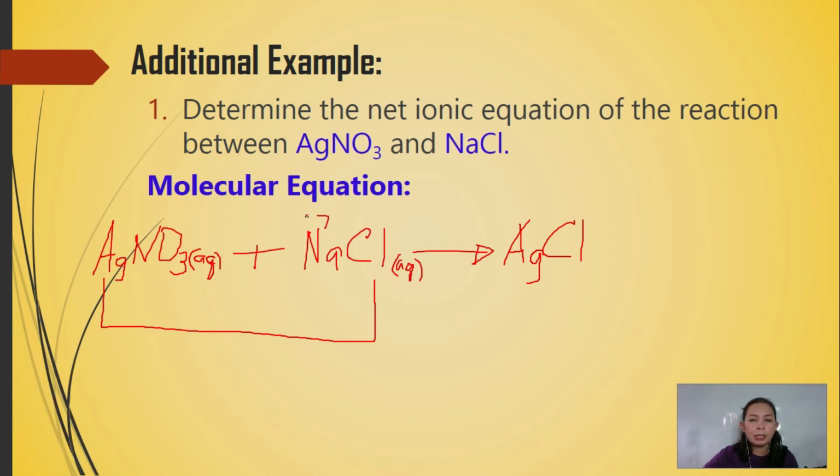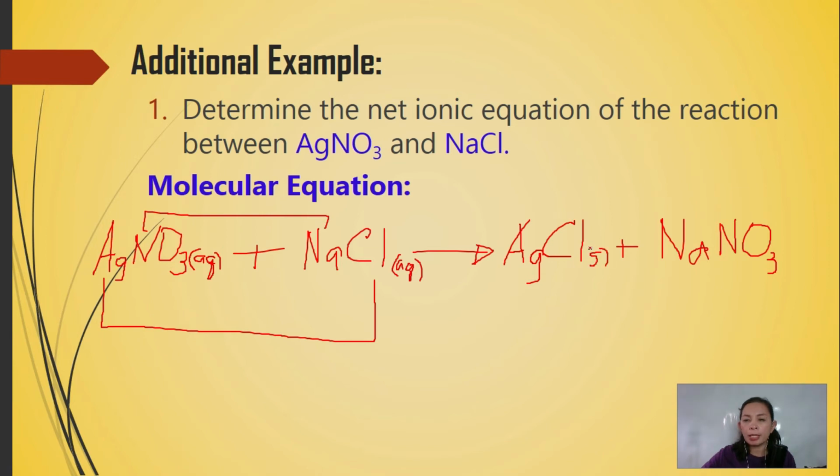And then sodium will be paired with nitrate. So just write plus. Sodium will be written first because it is the positive ion. And nitrate, NO3. So they have positive 1 charge for sodium and negative 1 for nitrate ion, so we do not have any subscript. And then to check whether they are soluble or not in water, silver chloride, since we have our silver paired with chloride, is insoluble in water.